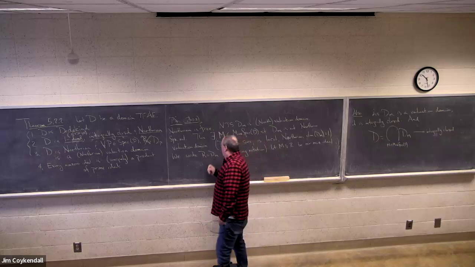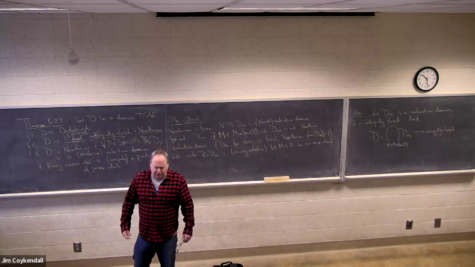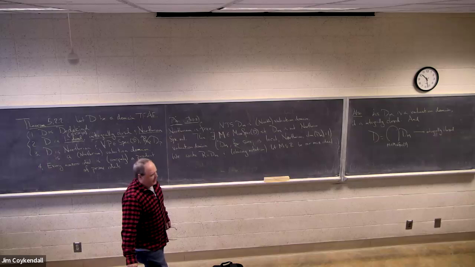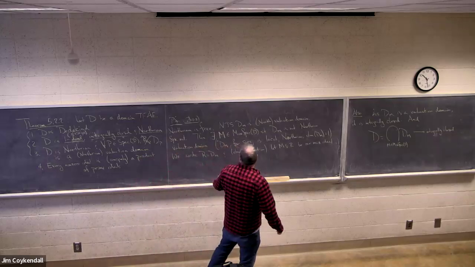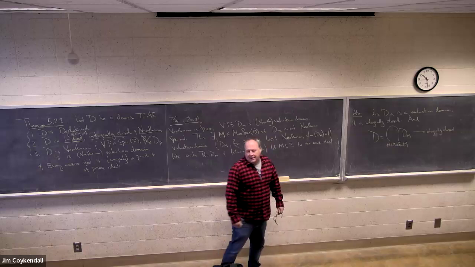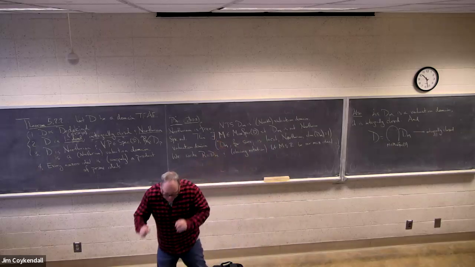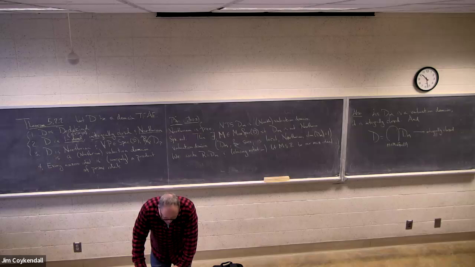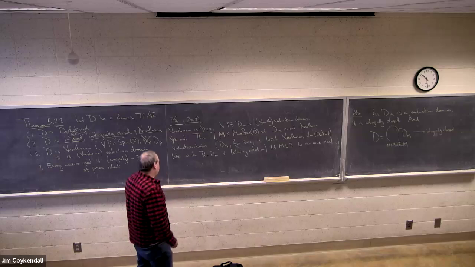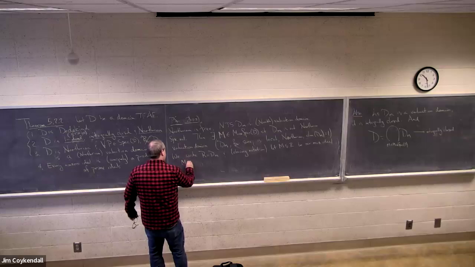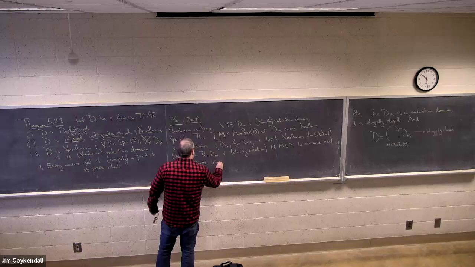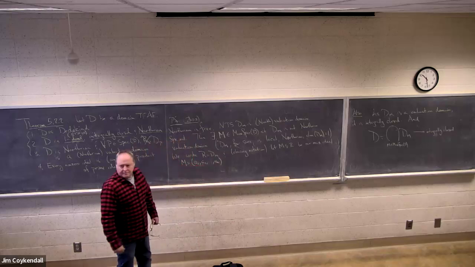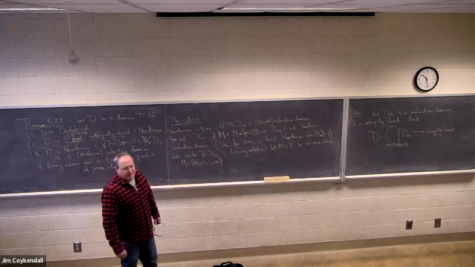All right, so I'm gonna just shorthand my notation by R, and instead of writing M_D, I'll write M to be the maximal ideal of this local ring. Let's suppose M is principal.